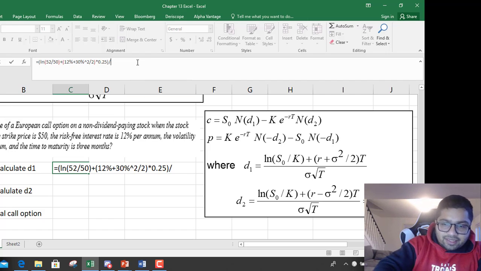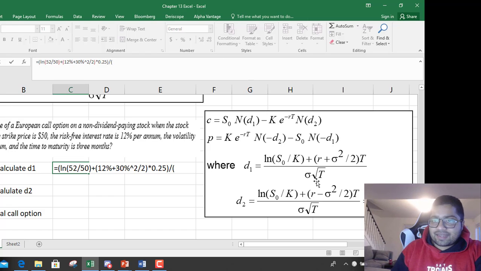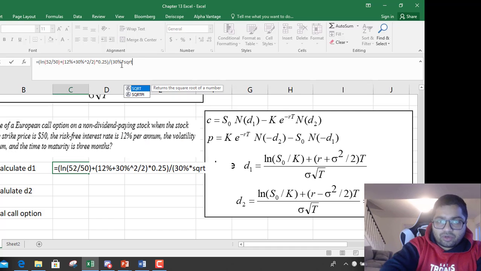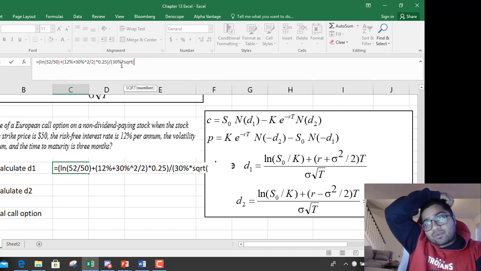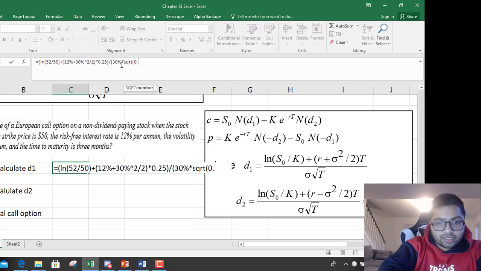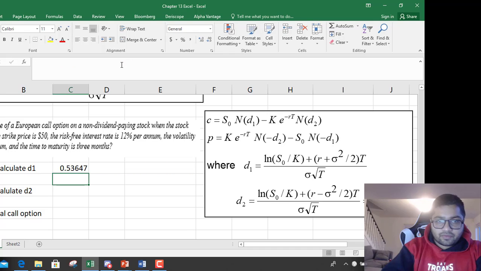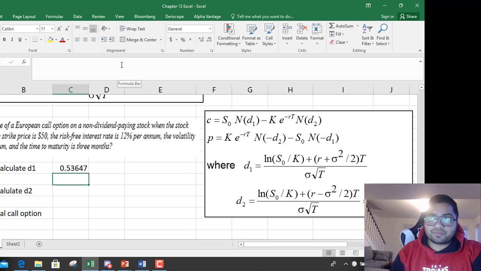Now you have to divide this by sigma and square root of T. So it will be sigma 30% times square root of T. What is T? 0.25. You solve this, it comes to 0.5647.